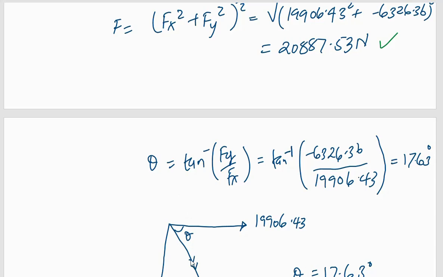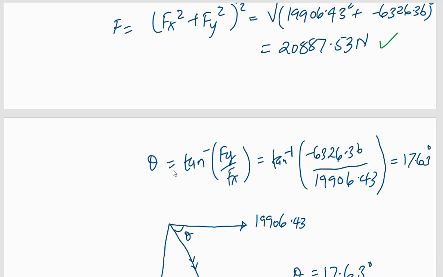We need to also determine the direction with which this force makes with the horizontal. Then we can get it by giving its component. We know since the Fy is negative, then Fy is pointing vertically downwards. Since Fx is positive, then it is pointing in the positive x direction.